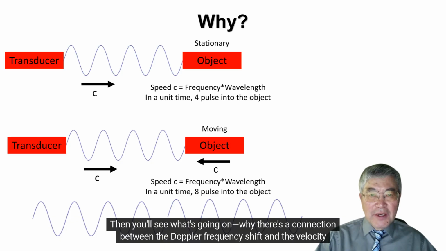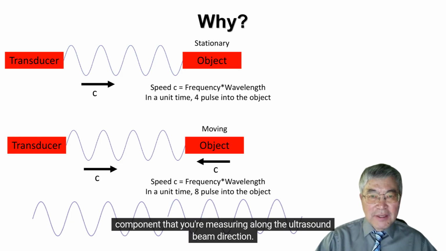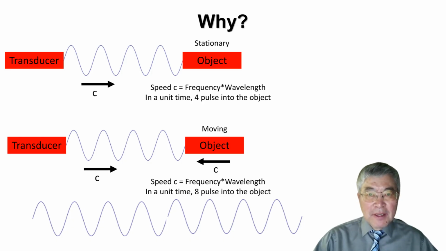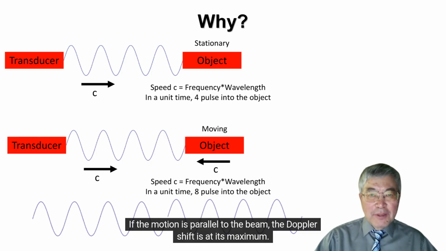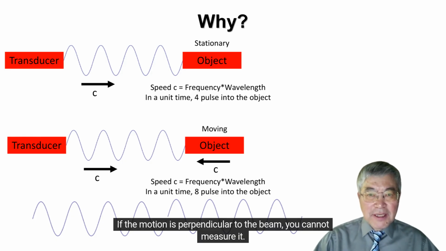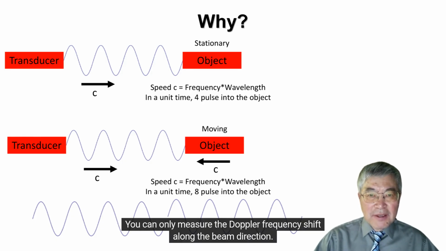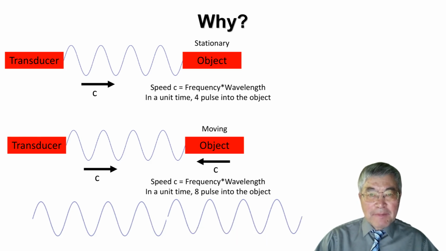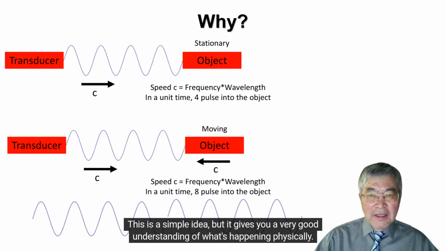Then you'll see what's going on, why there's a connection between the Doppler frequency shift and the velocity component that you're measuring along the ultrasound beam direction. If the motion is parallel to the beam, the Doppler shift is at its maximum. If the motion is perpendicular to the beam, you cannot measure it. You can only measure the Doppler frequency shift along the beam direction. This is a simple idea, but it gives you a very good understanding of what's happening physically.